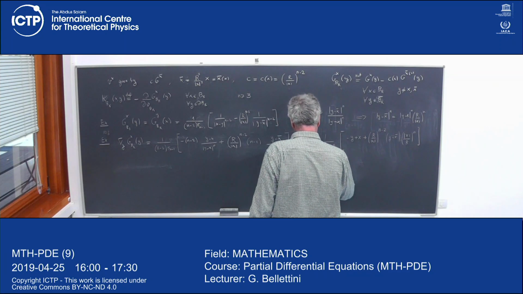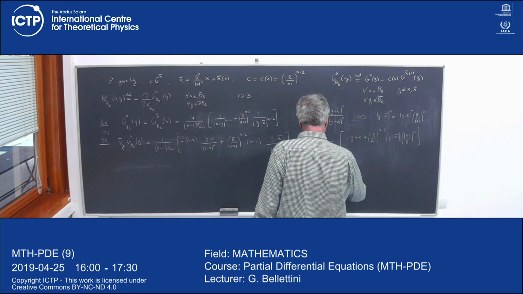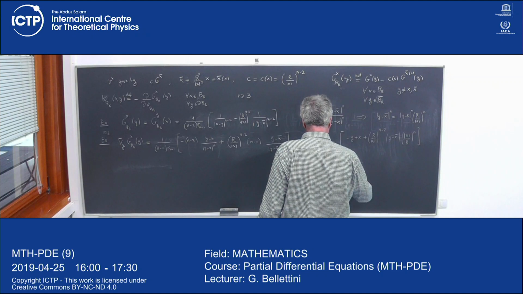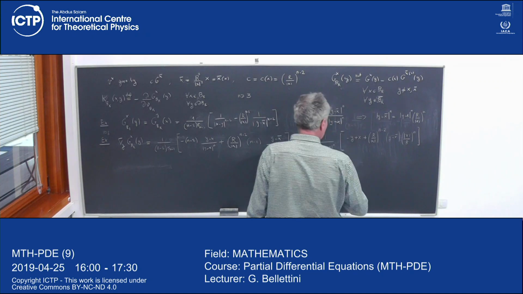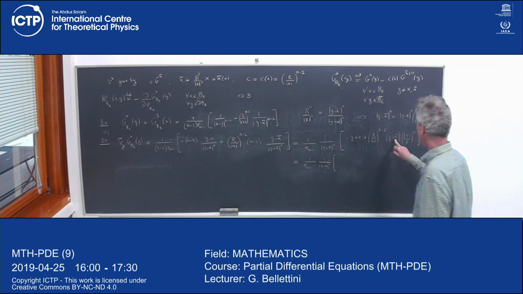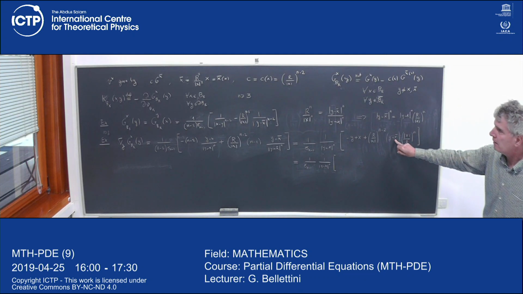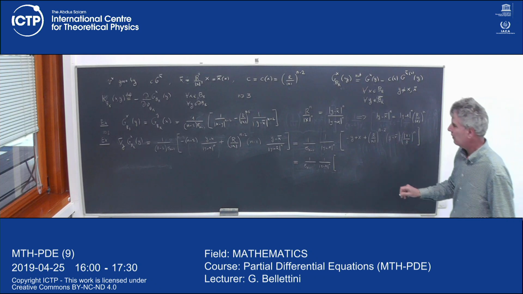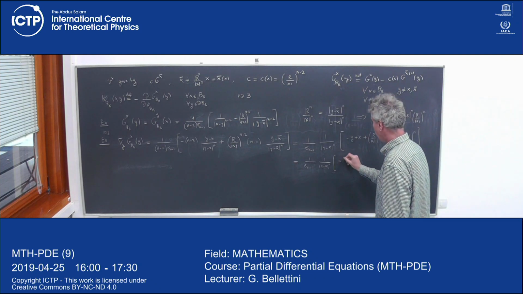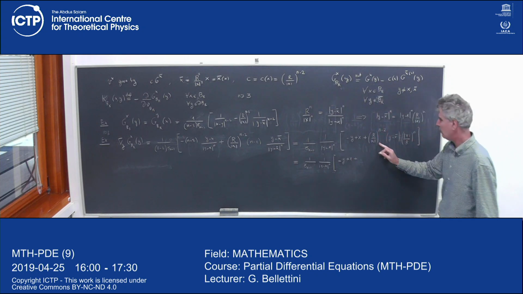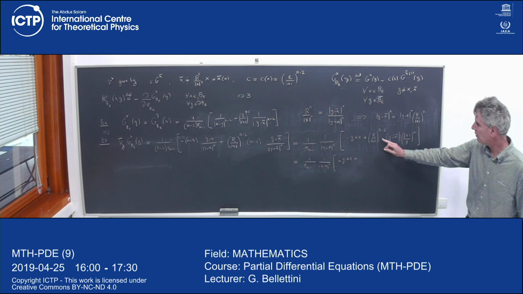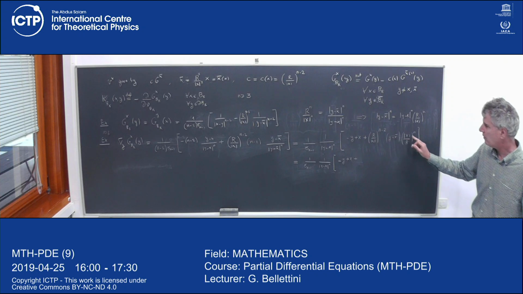1 over sigma n minus 1, 1 over y minus x to the n, and then I have to substitute explicitly who is x bar. No? So this is minus y plus x. Then I also have some simplification here because I have x over r squared.